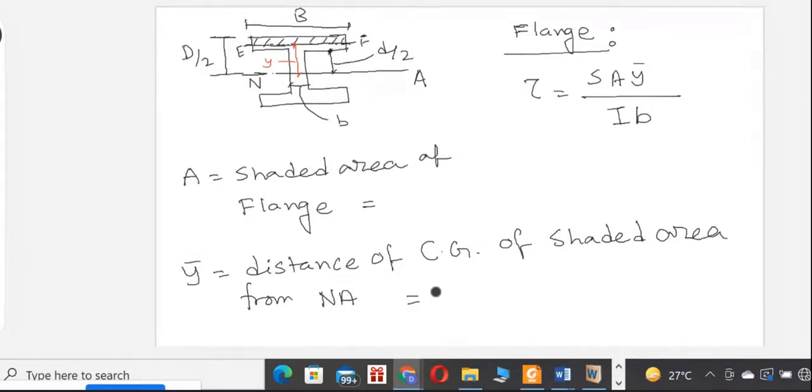where this shaded part is situated, y distance away from the neutral axis. So capital D by 2 minus y into B. हाँ, because what is the height of this small portion of the shaded area?